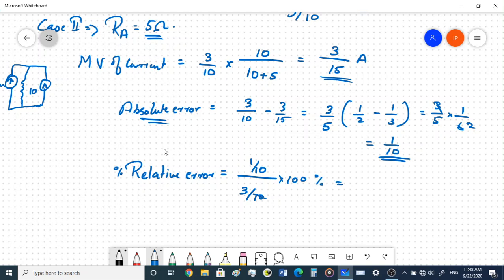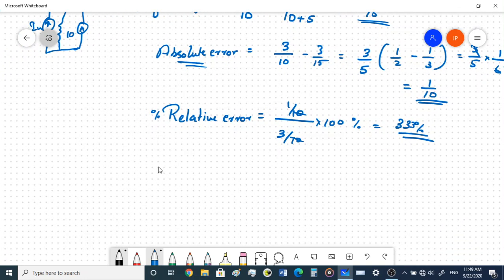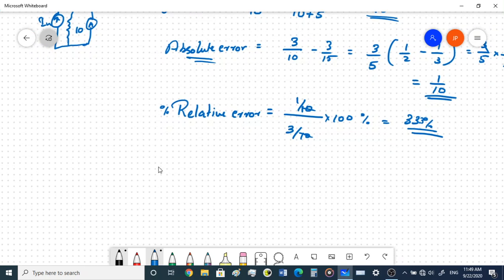So 10 and 10 gets cancelled, we get it as 1 by 3 into 100, that is 33%, 33.33% would be the relative error, 1 by 3, right? Now let's look at the case 4.